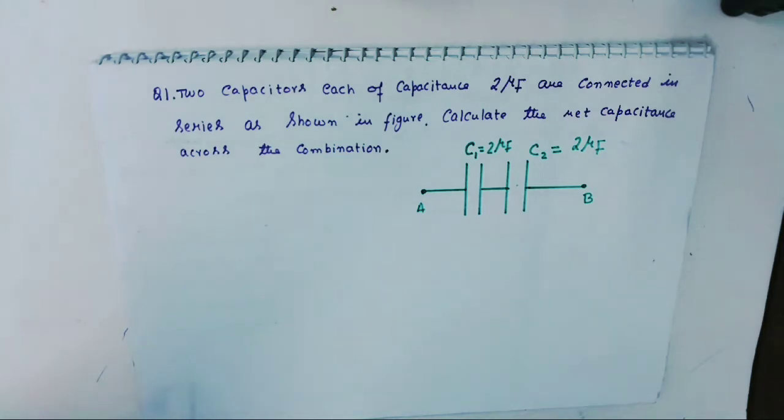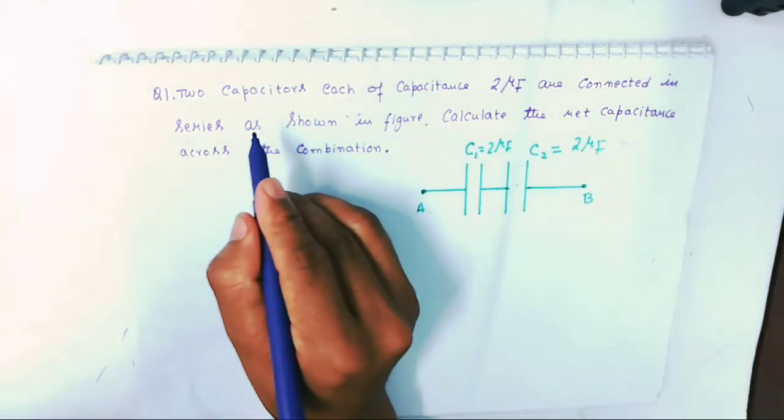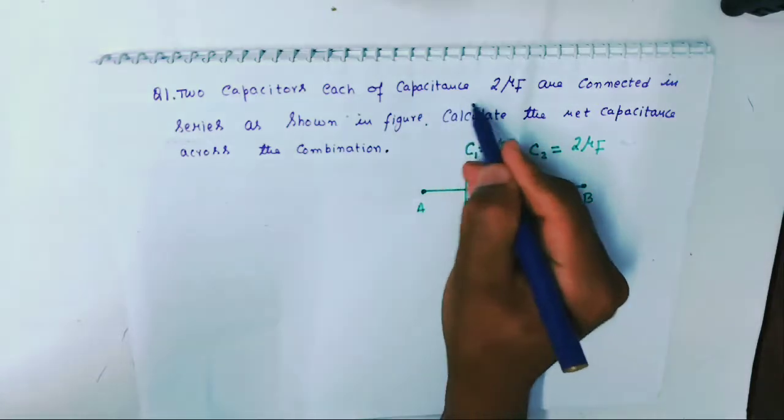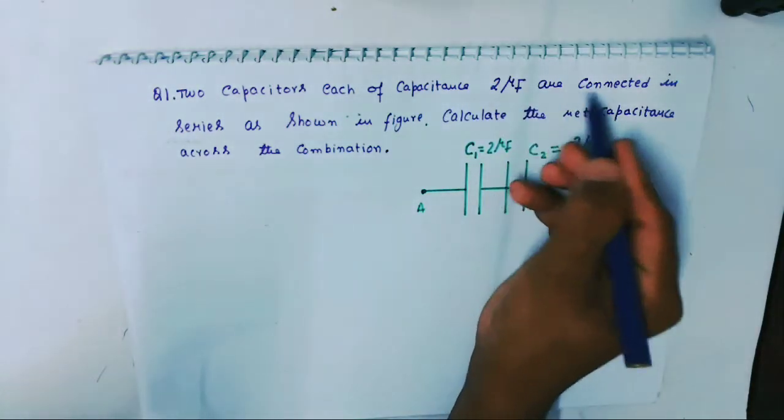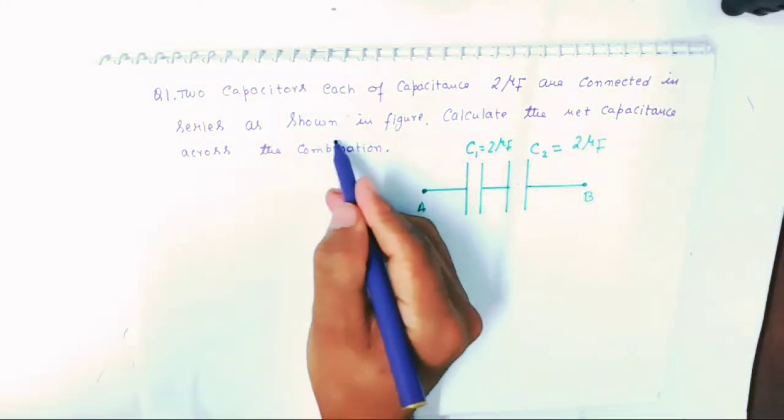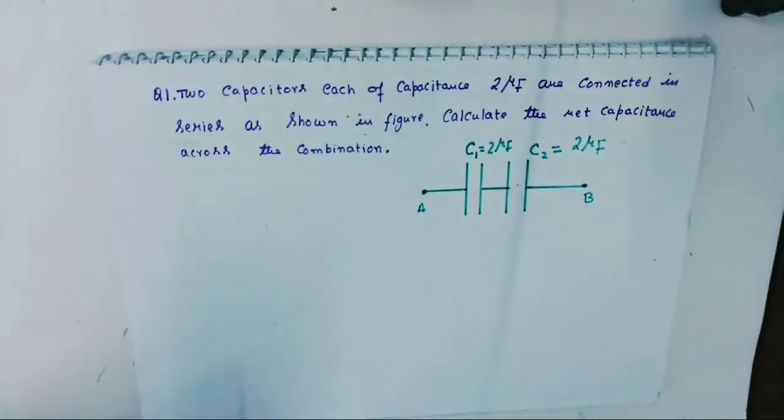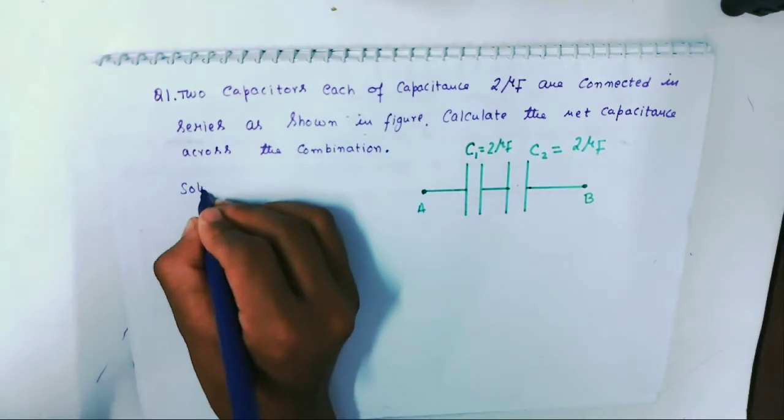So now let us solve these numerical problems. The question says two capacitors, each of capacitance 2 microfarad, are connected in series as shown in figure. Calculate the net capacitance across the combination. So solution.